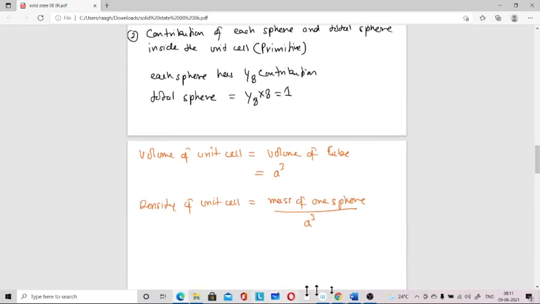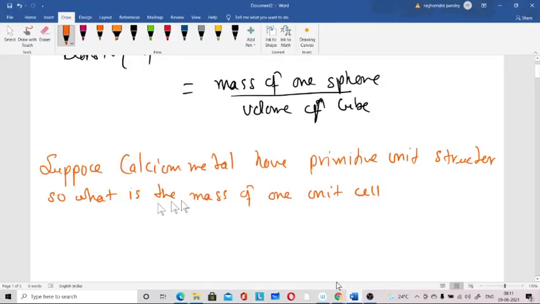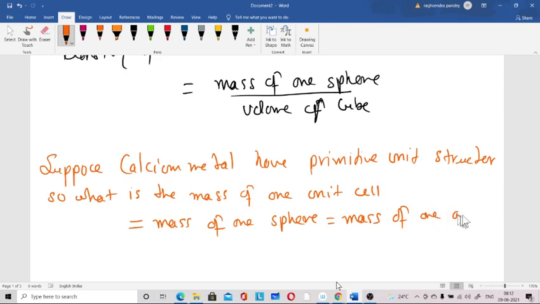Okay. Now, what is the mass of one unit cell? Mass of one unit cell is equal to mass of one sphere. And mass of one sphere simply means the mass of one atom.